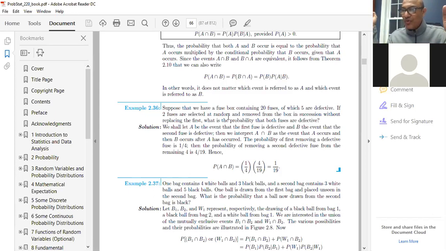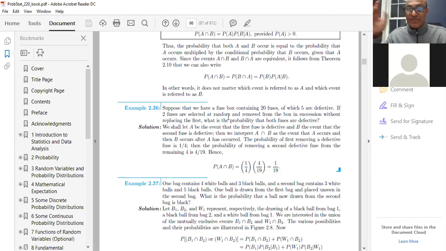Once you are taking these 2 out, those 2 will not be counted. These 2 could be both defective, both non-defective, one defective and one not defective, something like that. It could be anything. Or first one is defective, second one is non-defective, or vice versa. First one is non-defective, second one is defective. It could be anything.